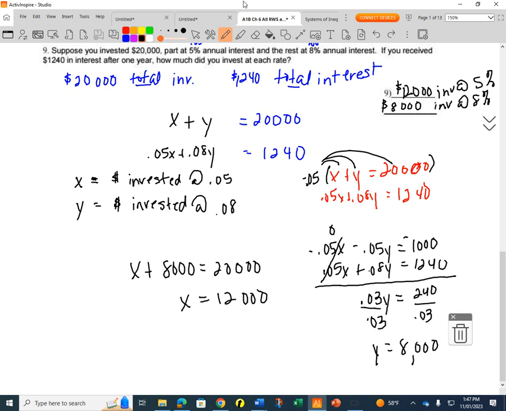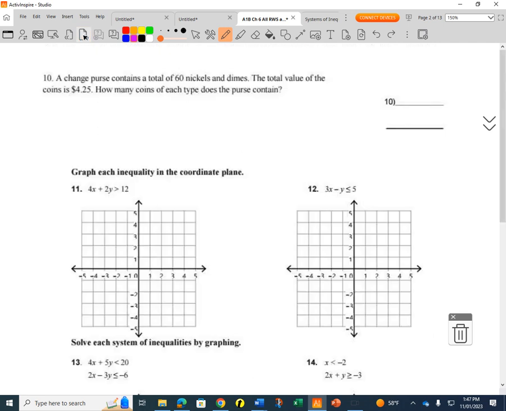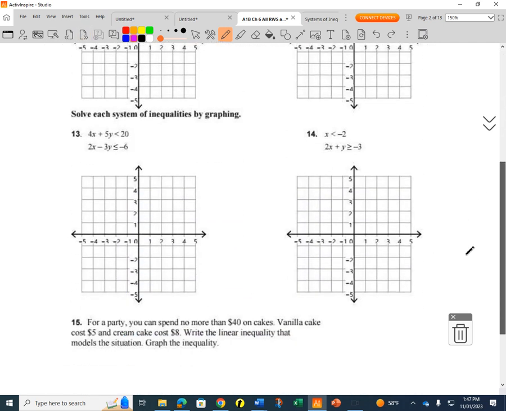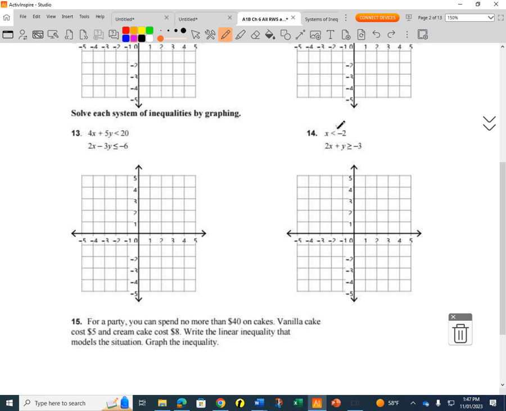Jacob? I don't remember the vertical, whether it's on the left or right. Which one are you talking about? So the 14, the vertical. Here? Yeah. So this is a box, right? So that's a vertical line, you're right, through -2.